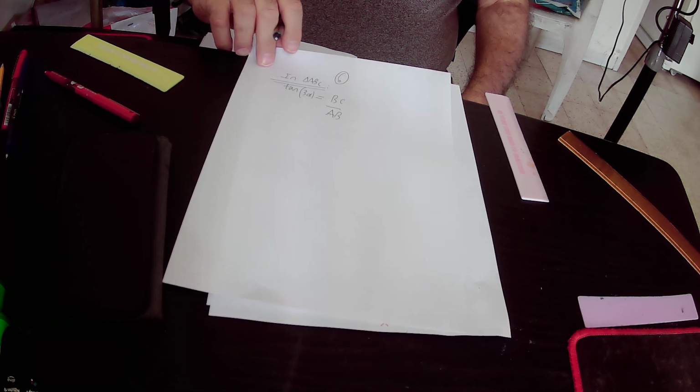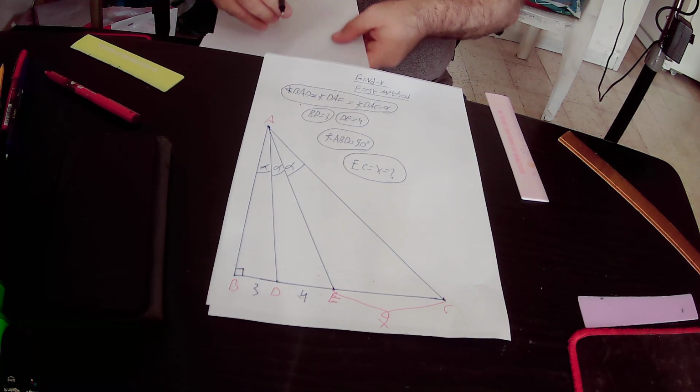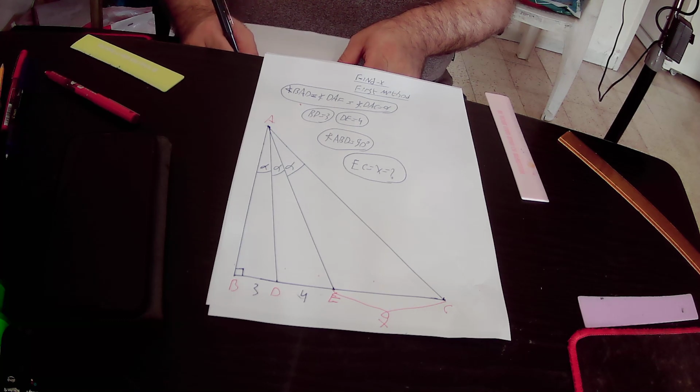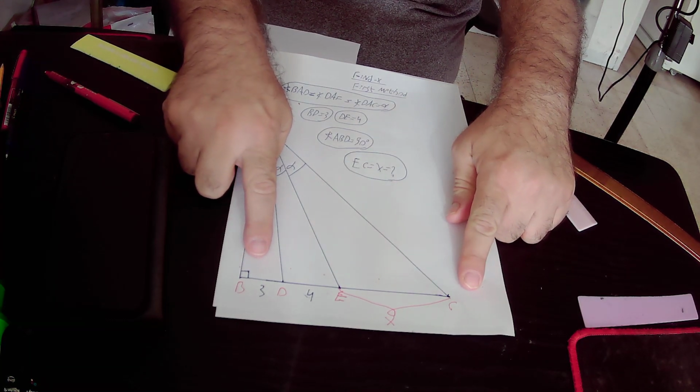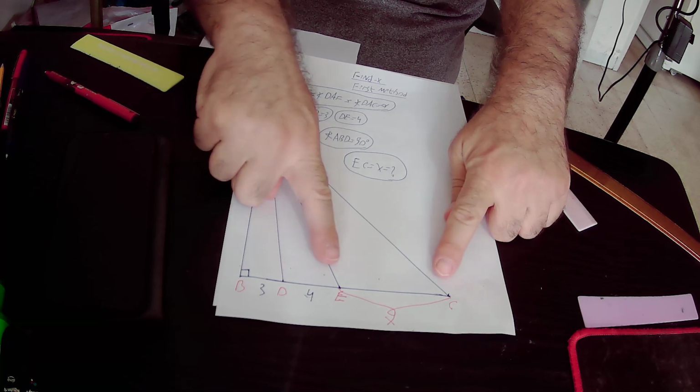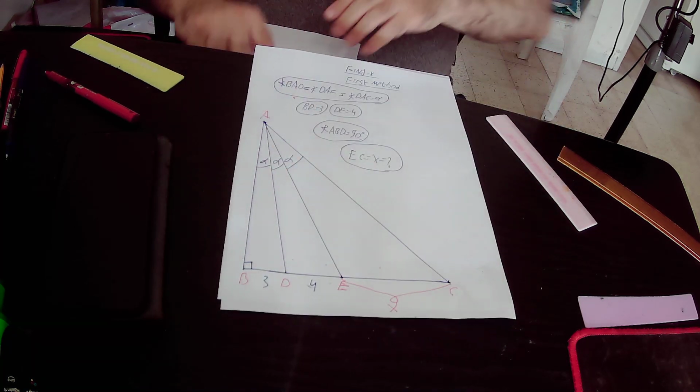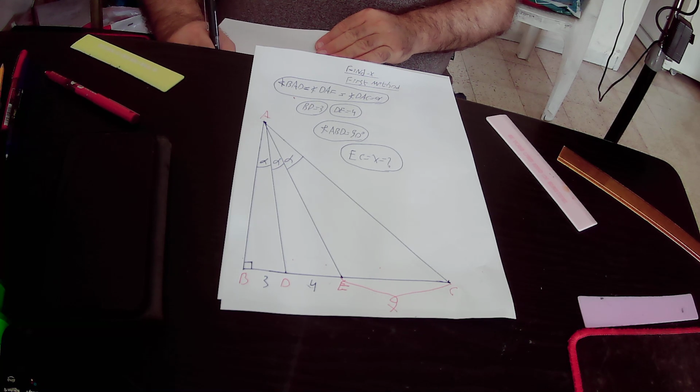Okay, what is the value of BC? BC equals 3 plus 4, that is 7, plus x. BC equals 7 plus x. And we have already found out that AB equals 3 times root 7.